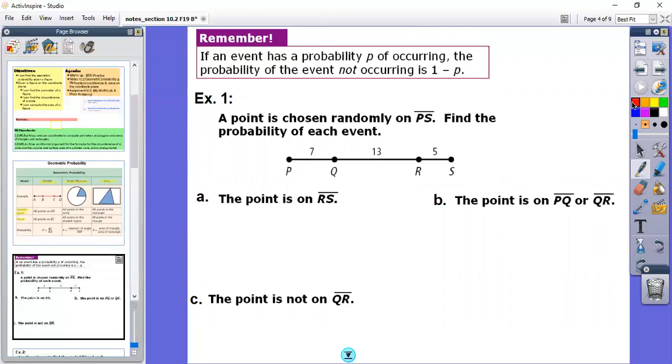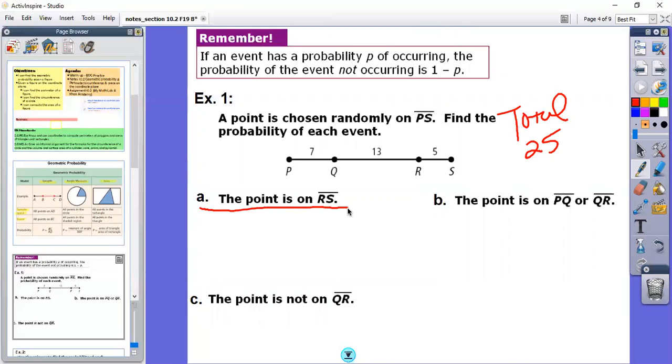So I'm going to look at PQ, QR, and RS and add those up. Length 7 plus length 13 and length 5, that's a total length of 25. And then I'm going to proceed with these example questions.